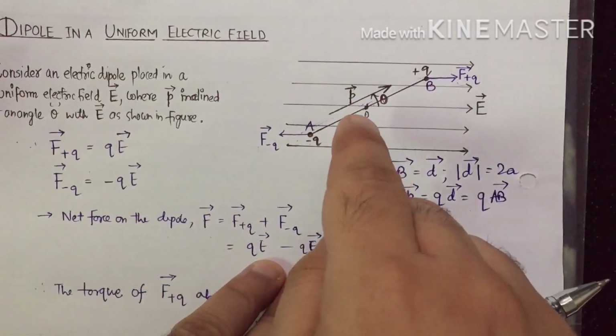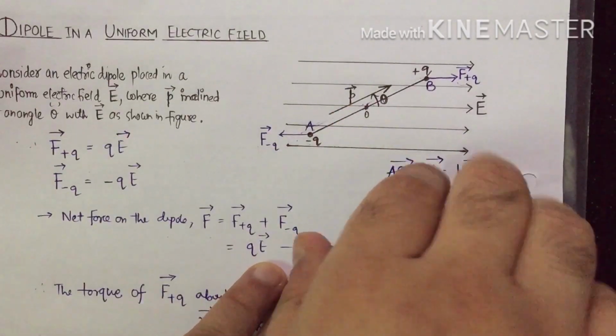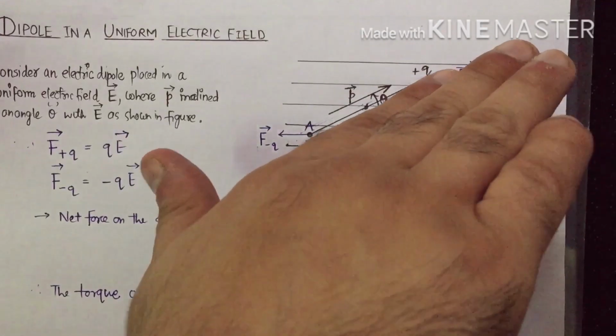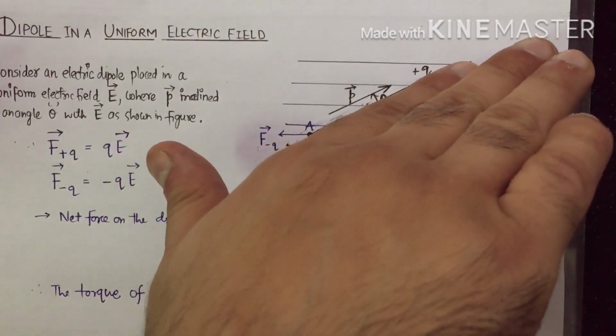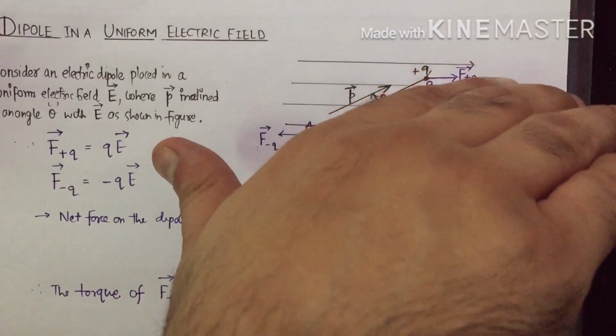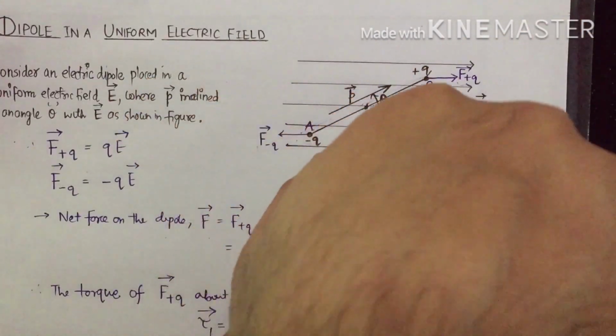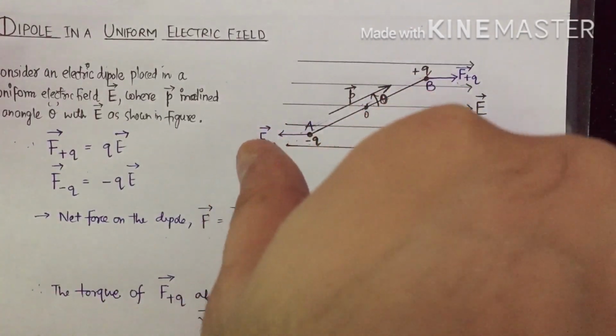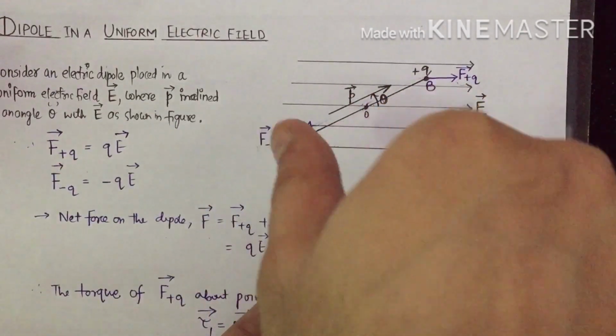So the direction of the torque due to this will be inwards. As you can see, if you put your palm on the direction of the dipole moment vector P and rotate up to the direction of the electric field, then the thumb will represent the direction of the torque, which is into the plane, into the paper.